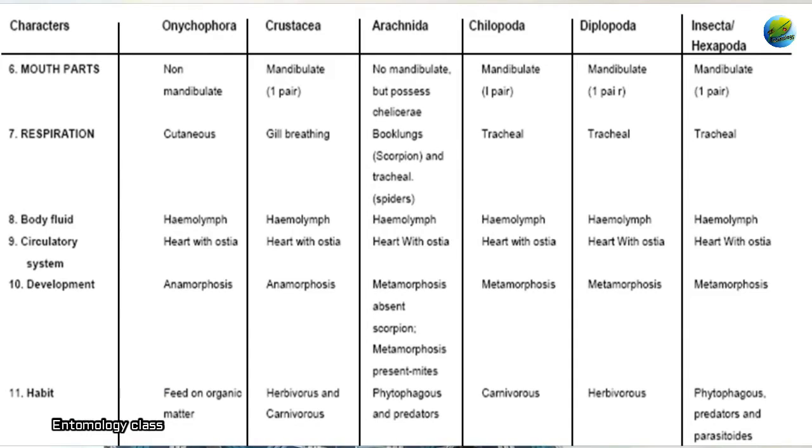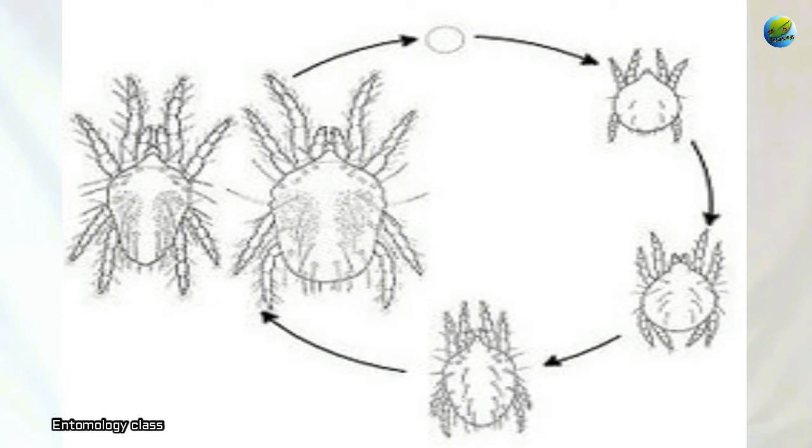When we see the arthropods in common, they possess metamorphosis. Chilopoda, Diplopoda, and Insecta have metamorphosis. But in case of Arachnida, scorpions don't possess metamorphosis, but mites do. The mite life cycle consists of egg, larva, nymph, and adult.